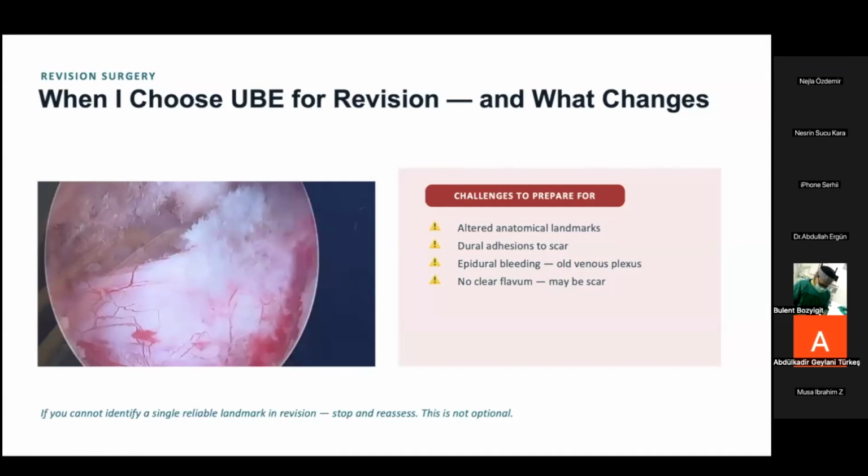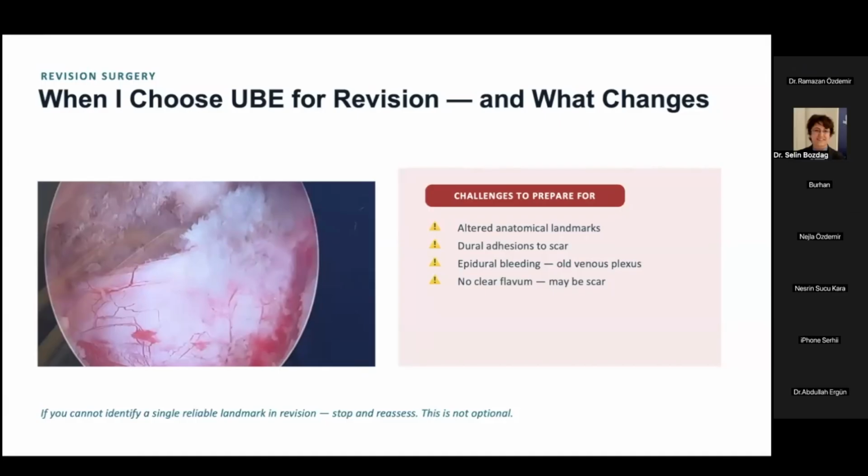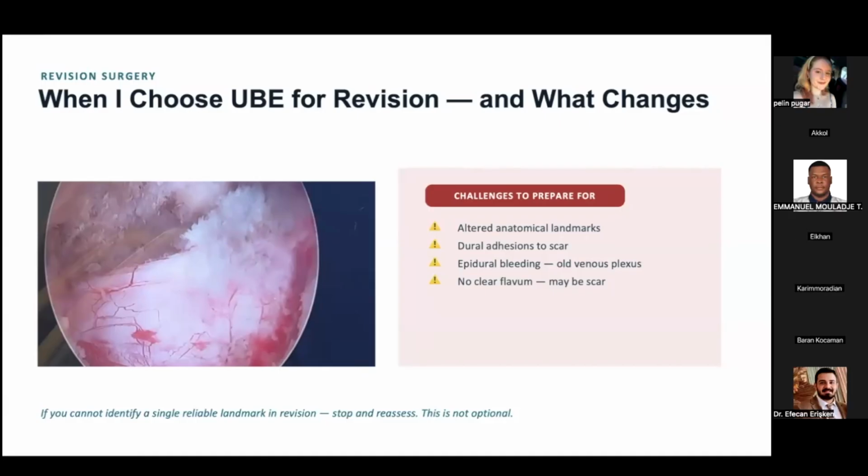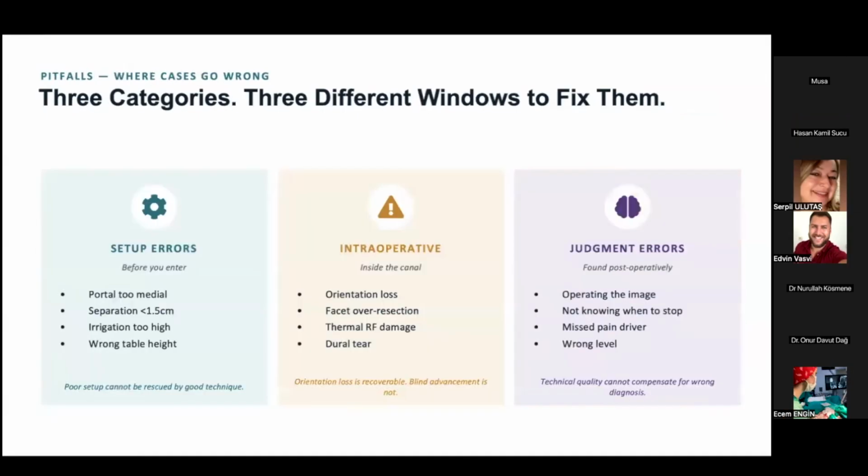So we need to know when to stop too. But yes, it's excellent in revision for me. Now, of course, if you have to change all the instrumentation, well, maybe that's another matter. But if it's this, endoscopic is a really good technique for that.